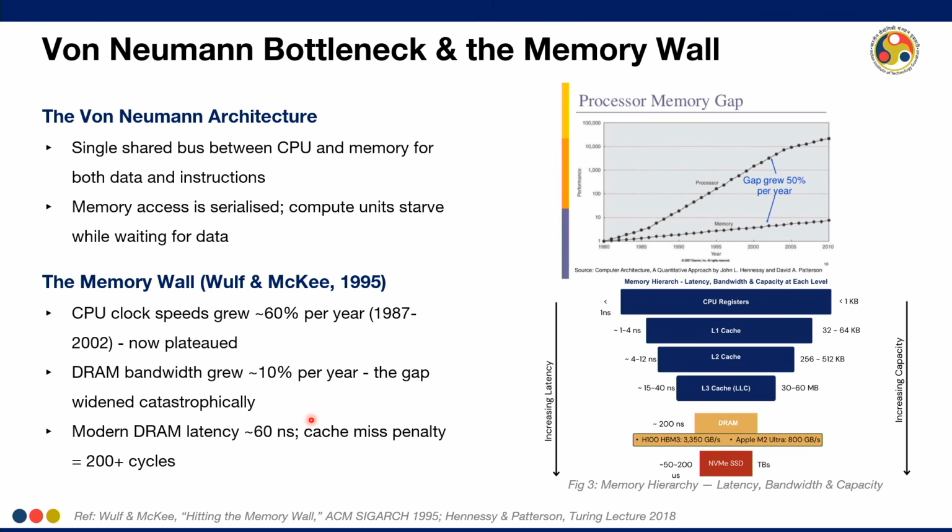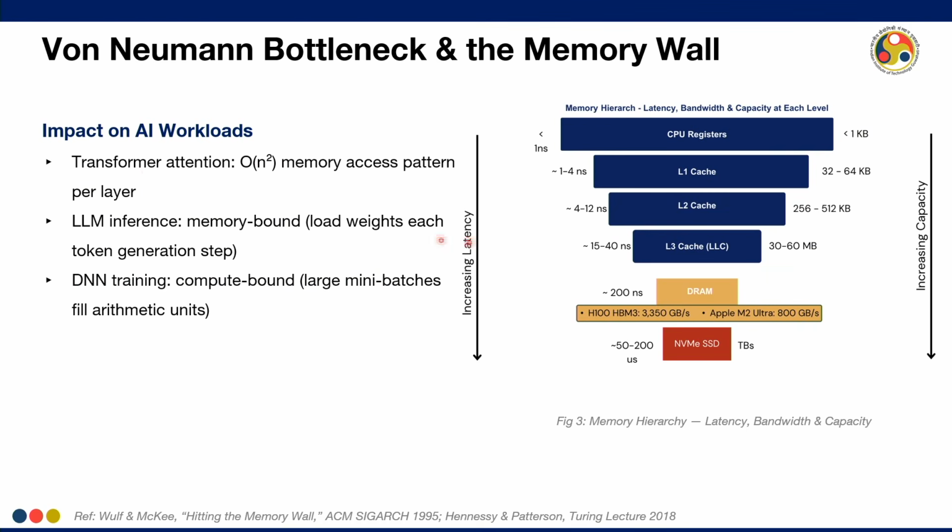So basically you are hit by the memory wall, because your data is residing in the DRAM, which is far away from your compute unit in the CPU, right. So in terms of AI workloads, if we talk about the impact, the transformer attention, let's say it's matrix multiplication, right.